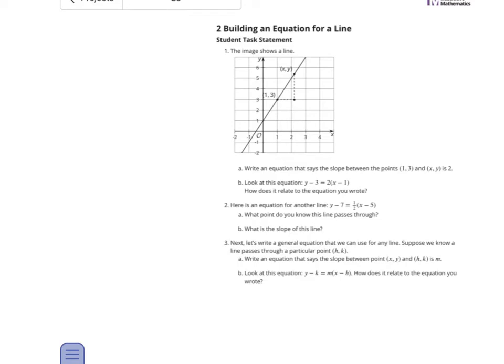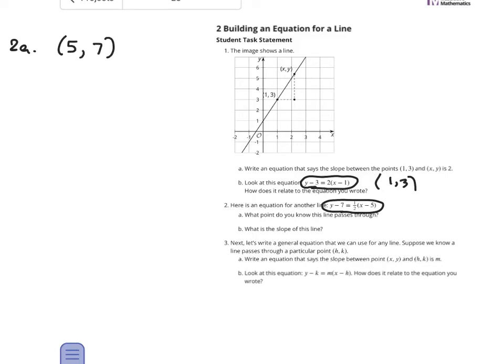Well, from example A and B, we learned that this one passes through points 1, 3, found right from that equation. So this one is going to pass through point, the x value is 5 and the y value is 7.